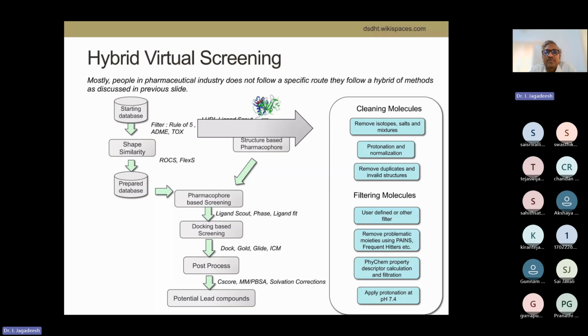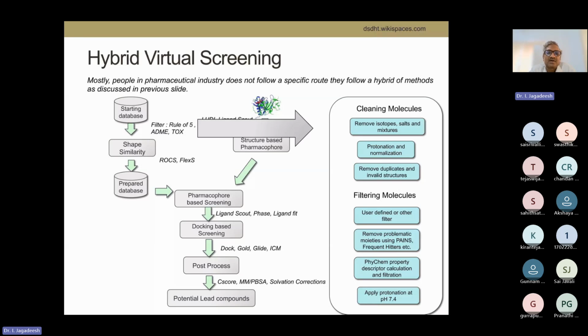There is a hybrid mode we can have. In the hybrid mode, we will start with a database, do the similarity search, prepare databases, and take the optimized structures for the pharmacophore.